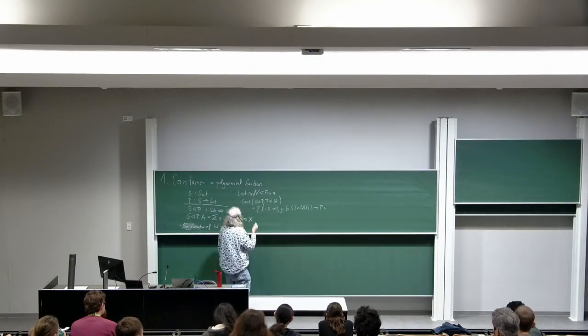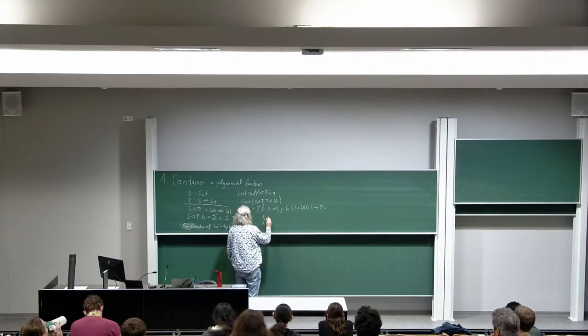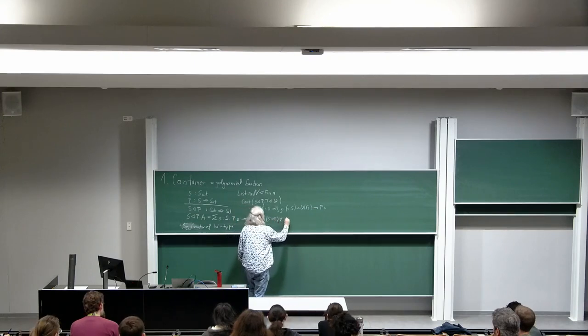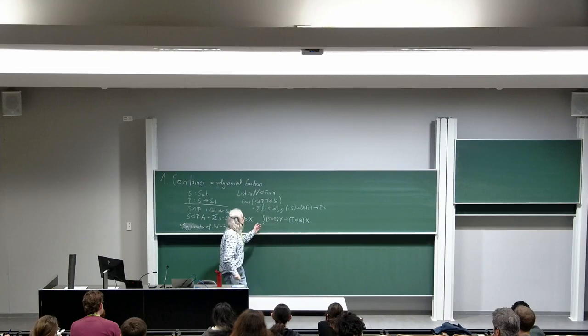And it's easy to see that every container morphism gives rise to a natural transformation. So natural transformation I write as an arrow from S triangle P X to T triangle Q of X. But actually it goes both ways.